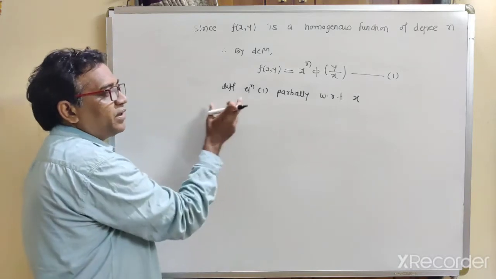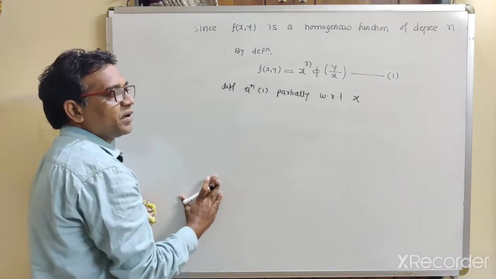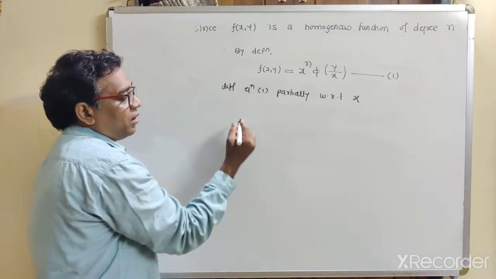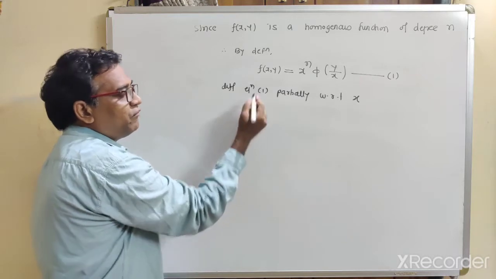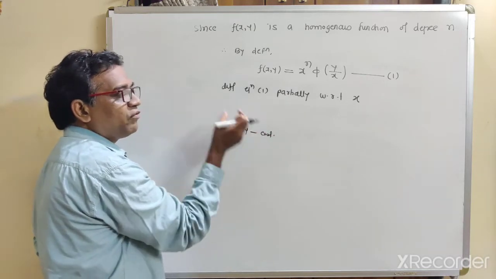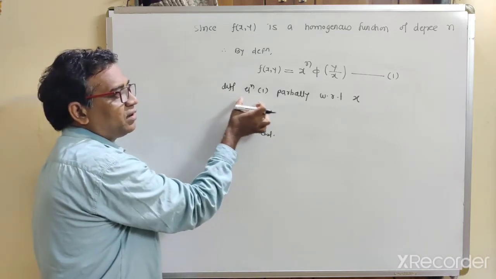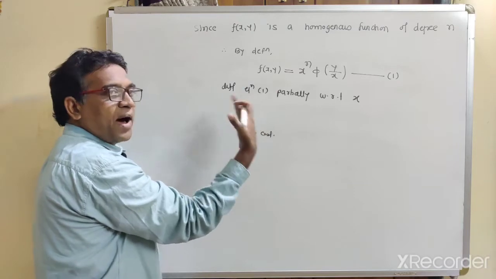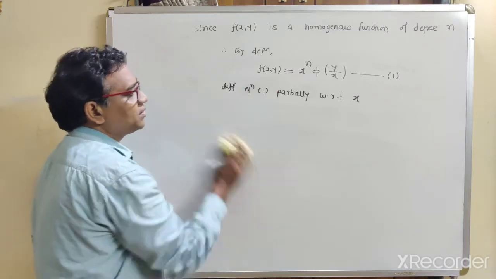So find the differentiation of equation 1 partially with respect to x. Partial differentiation with respect to x means we have to keep y as a constant quantity.